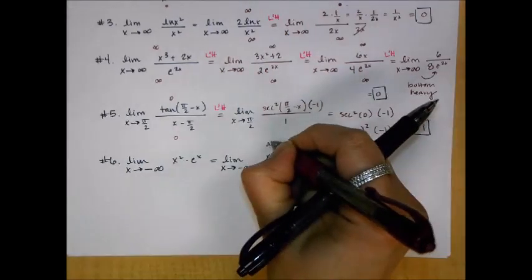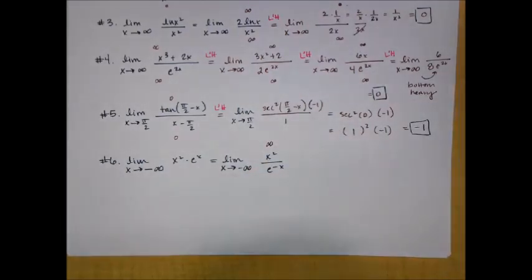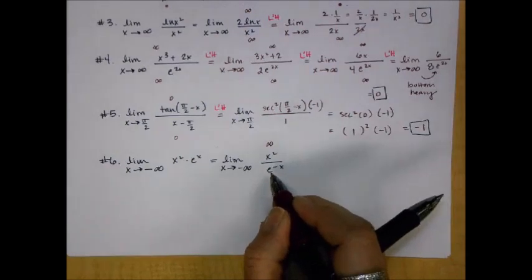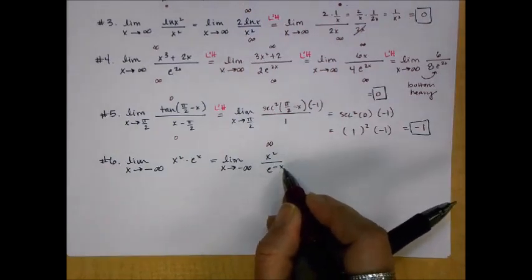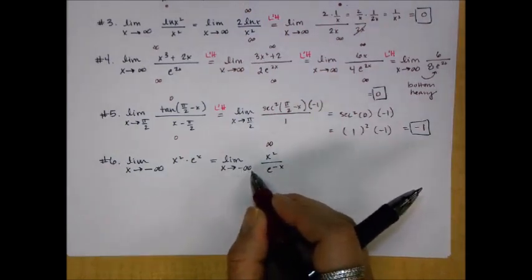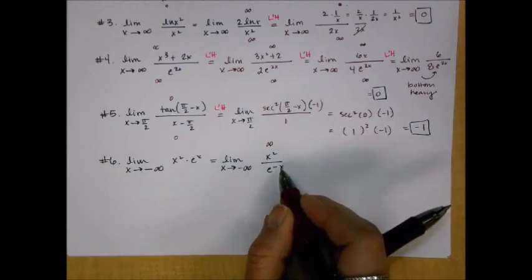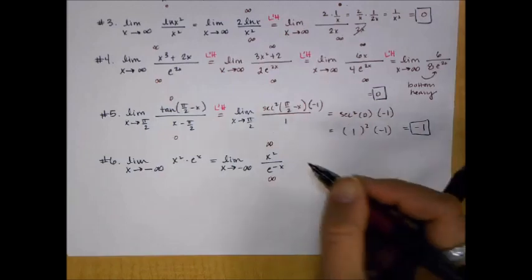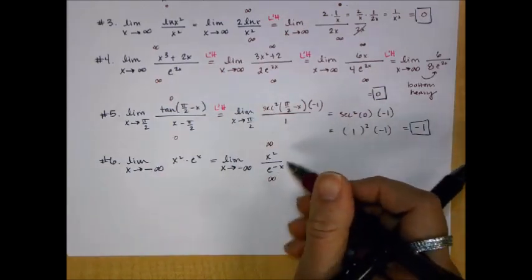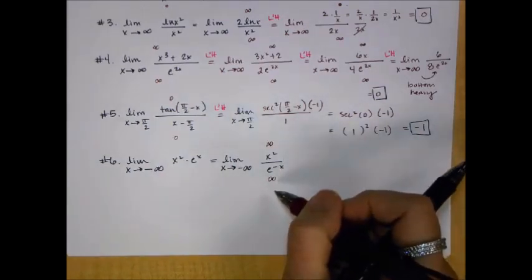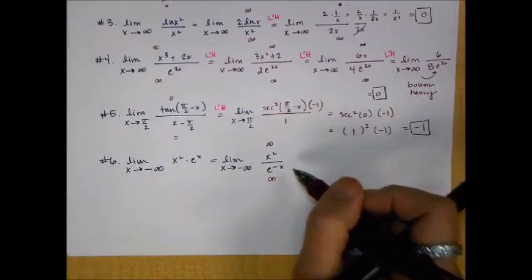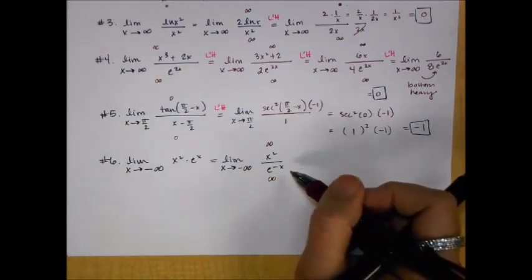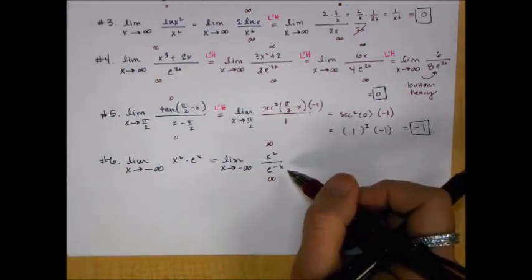Over here, e to the power of the opposite of x, so the opposite of -infinity is +infinity. E to the power of a very big number is a very big number. So it's really comparing whose rate of growth is faster. And again, that exponential is going to have that faster rate of growth. So my answer should be 0, but we're going to verify using L'Hopital's rule.